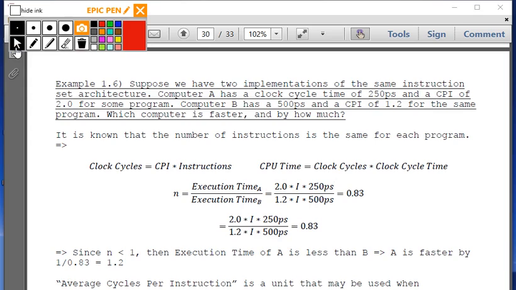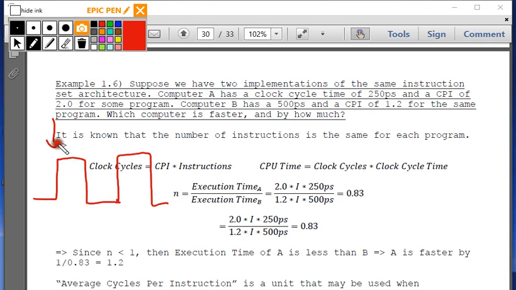So does that make sense? Basically what we did here is we know how fast the clock cycle time is. Since we're in digital systems, we have a 0 to 1, right? We have these clock pulses.